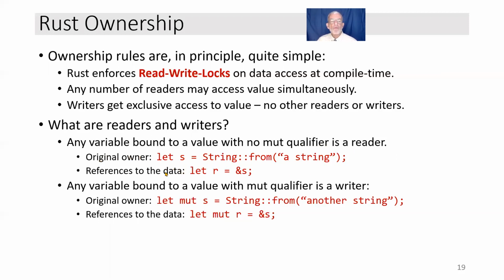Now, I can make a reference to that value, let r equal a reference to s. And so now s was a reader. It doesn't say mut, so it's a reader. Once it's constructed the string, obviously it had to be able to construct it. But once the string is constructed, then s isn't allowed to change it because it doesn't have a mut attribute, where mut stands for mutable.